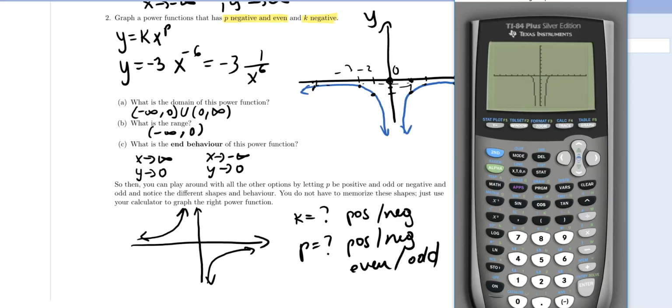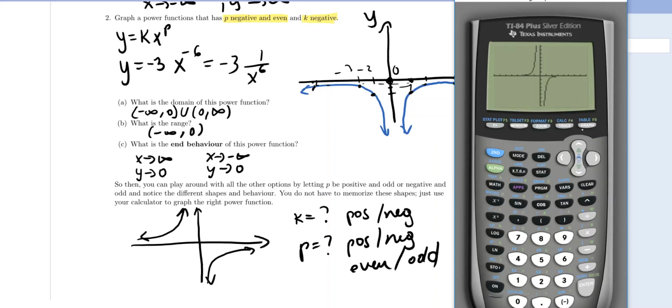So if you go in here, let's play around and say y is... well, you know that k just flips it over the x-axis, so this is not going to work. So let's change the exponent to, I don't know, 3. Oh, it does look like this.